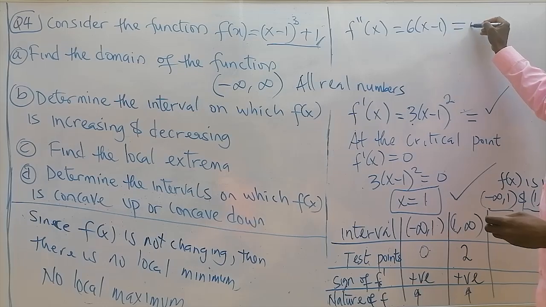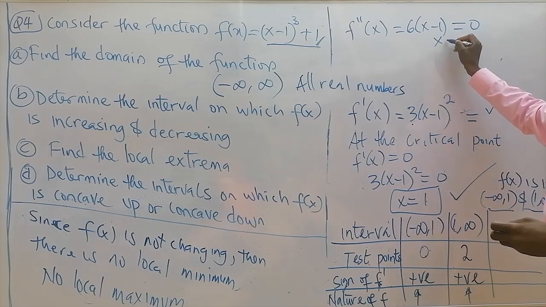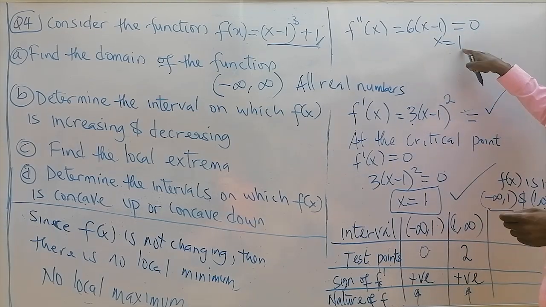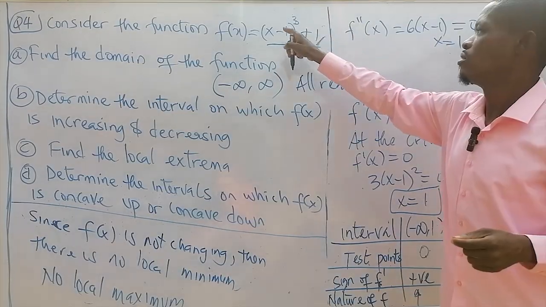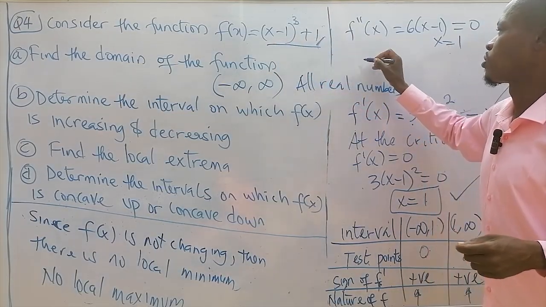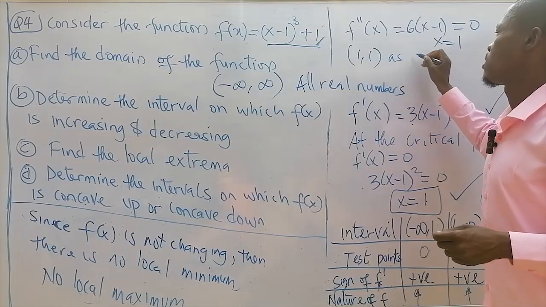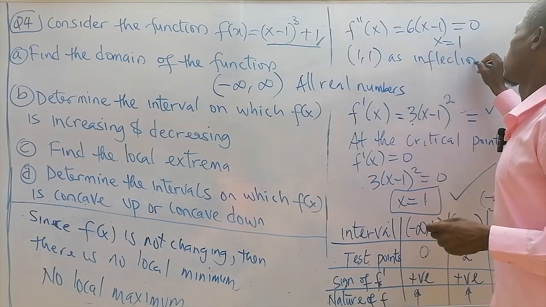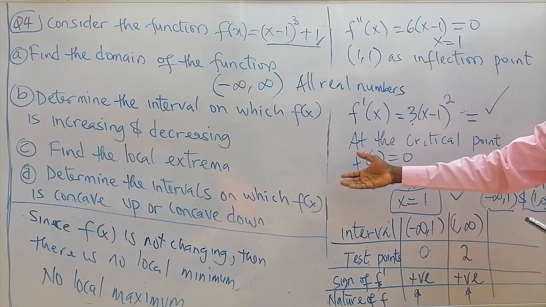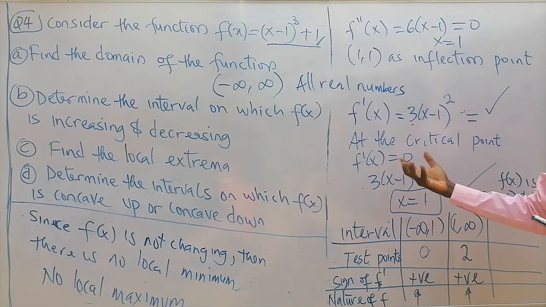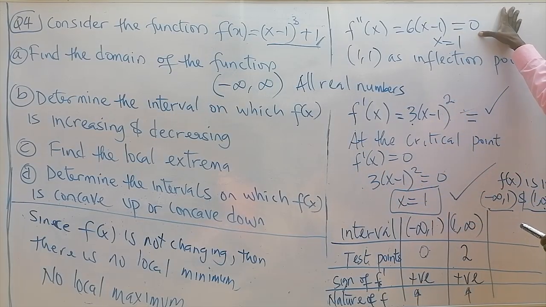Equate this to 0. If you do that, x is also 1. Can we put this point into the original function? When x is 1, put it in here. So we have (1, 1) as the inflection point. That's our inflection point.